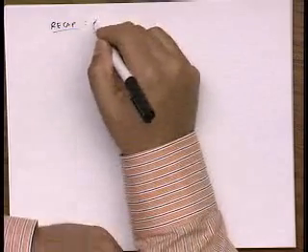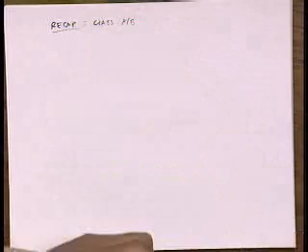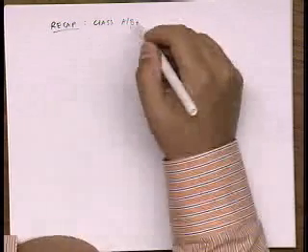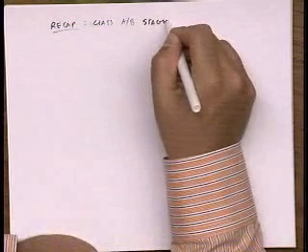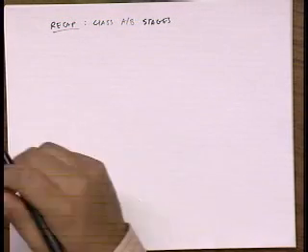Okay, so let's do a recap of last lecture. Last lecture we were looking at Class AB output stages. What are the advantages of Class AB over, let's say, a Class A output stage?